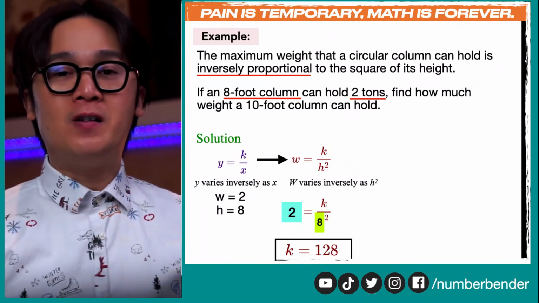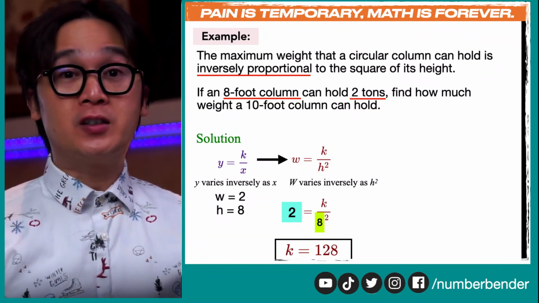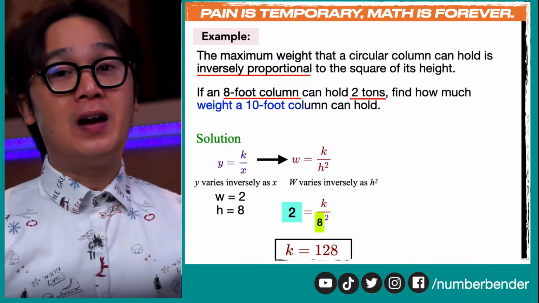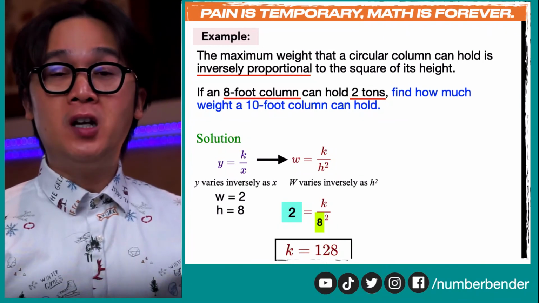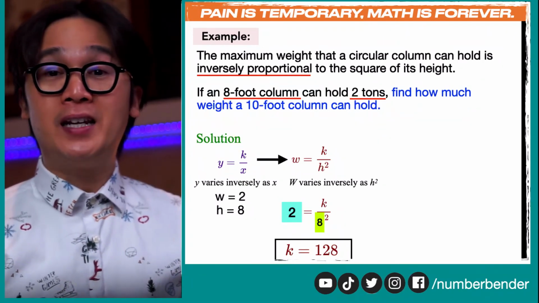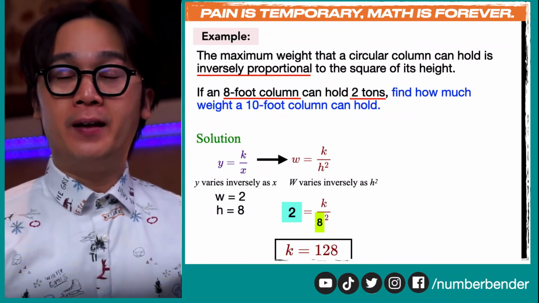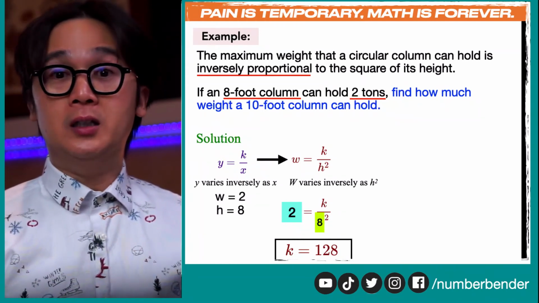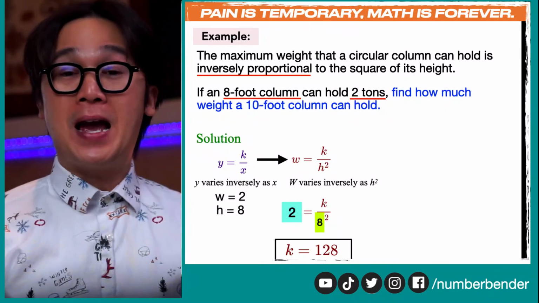So now that we know our constant of variation specific to this relationship, we are now ready to answer the last part of our problem, which is to find how much weight a 10-foot column can hold based on the description of our circular column. And of course, its maximum weight.